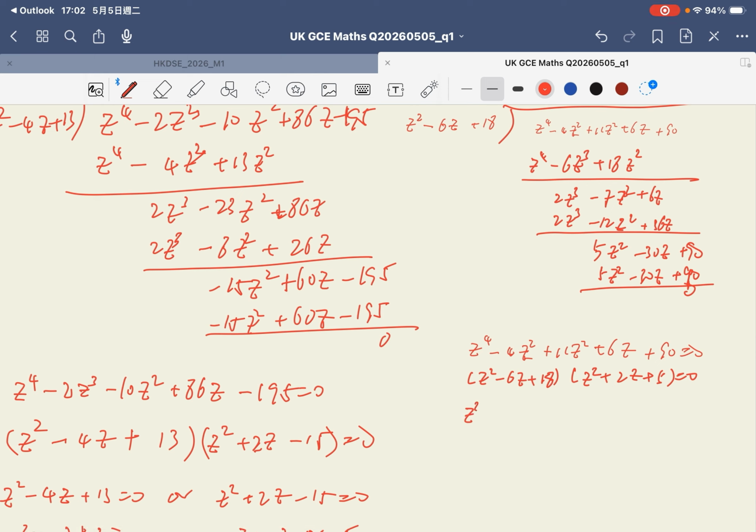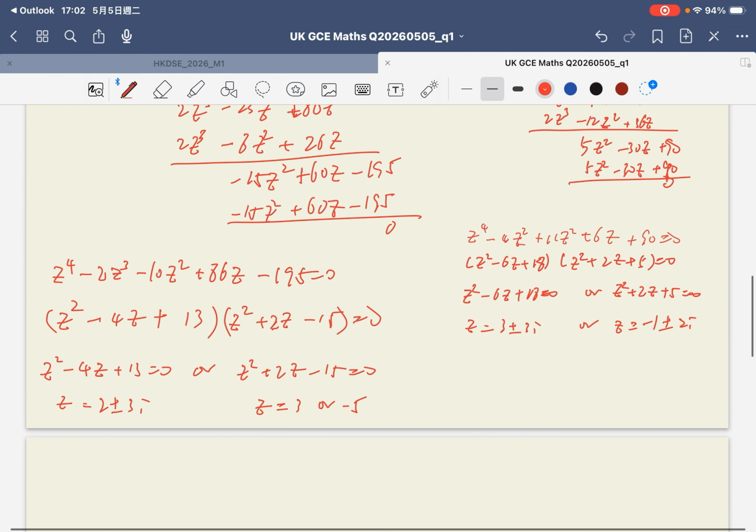Then for the first part, z is 3 plus or minus 3i. For the second part, z is minus 1 plus or minus 2i.